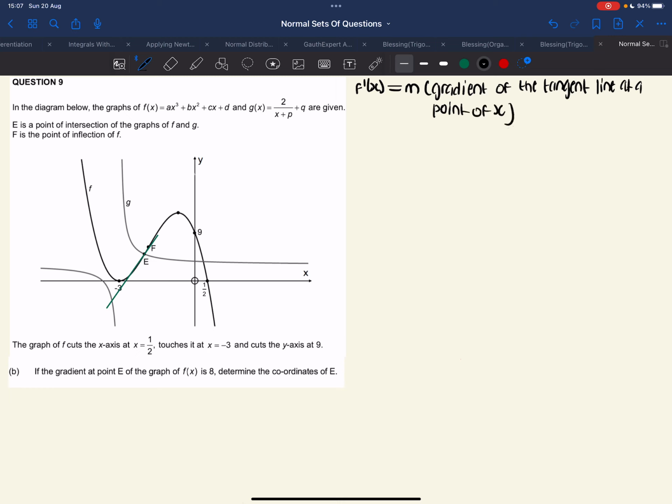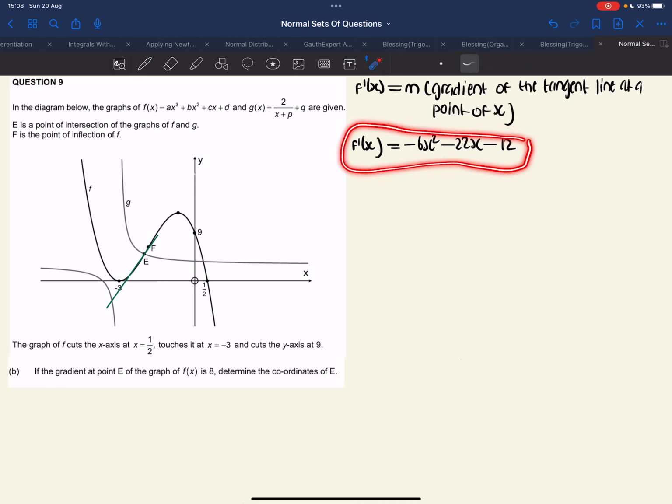Now remember, in our previous question we found the first derivative of that function to be minus 6x squared minus 22x minus 12.